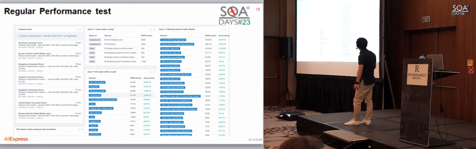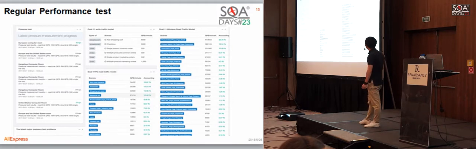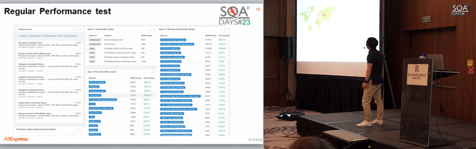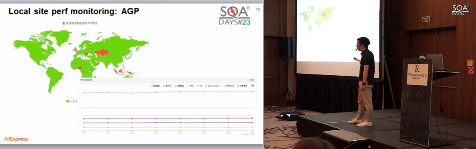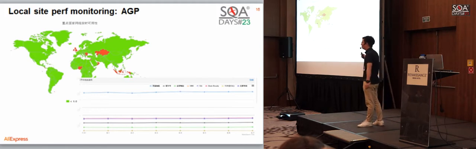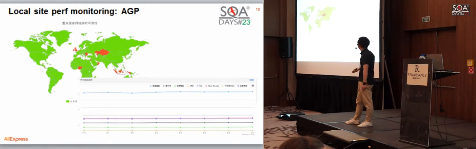And here are the water levels of every application. We also support local site performance monitoring. We named it AGP, Alibaba Globalization Performance Platform. For every country we can monitor the performance of the local site.